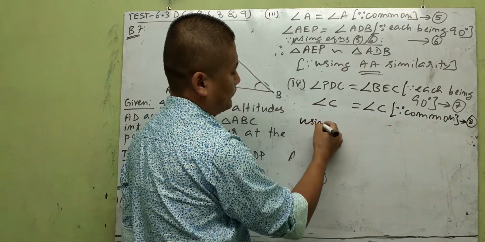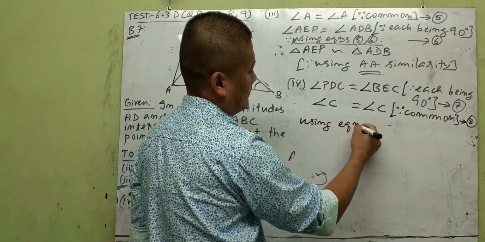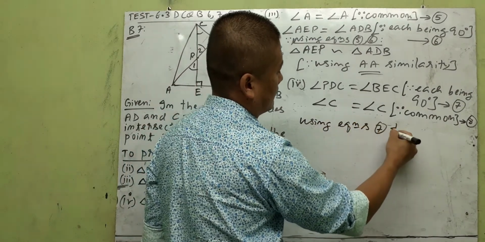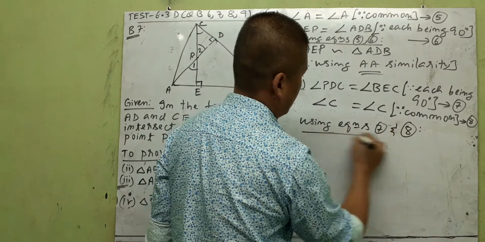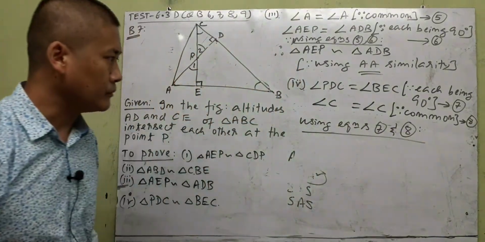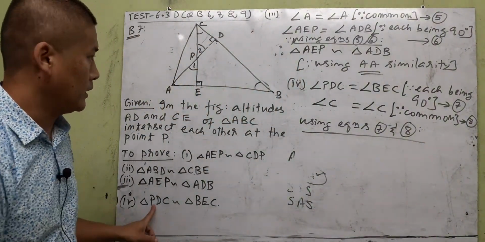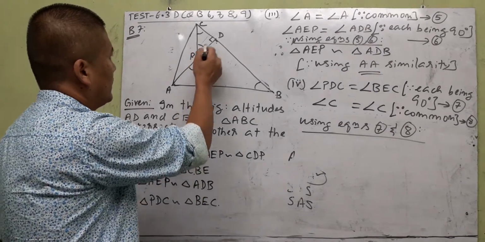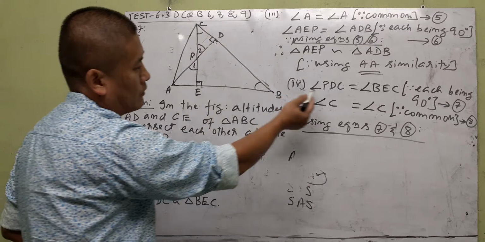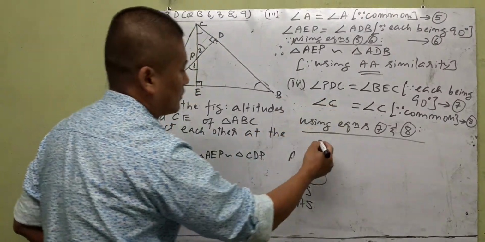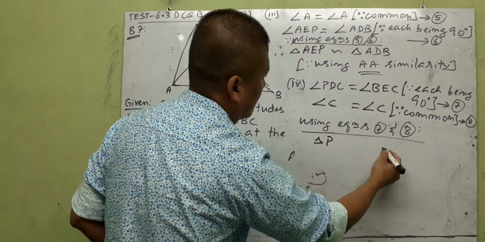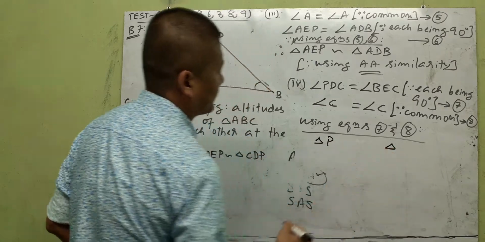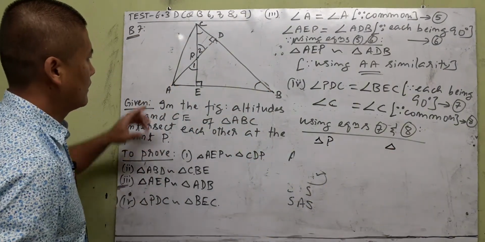We're using equations 7 and 8. We're going to get these two triangles. There is no information about the angle P. In PDC, we didn't take P, only D and C. So we start with P, what is not given.